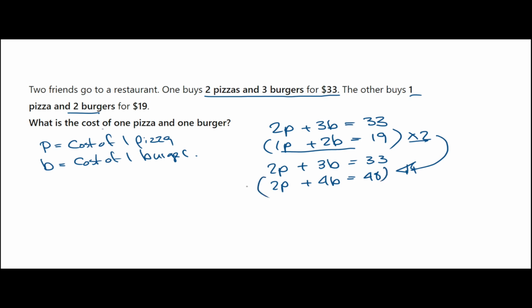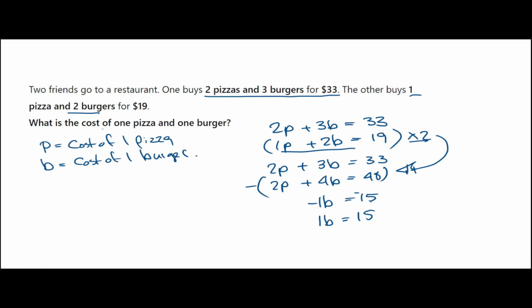Now I'm going to subtract. 2p minus 2p is no p. 3b minus 4b is minus 1b. 33 minus 48 is minus 15. Multiply both sides by negative 1. So 1 burger is $15.